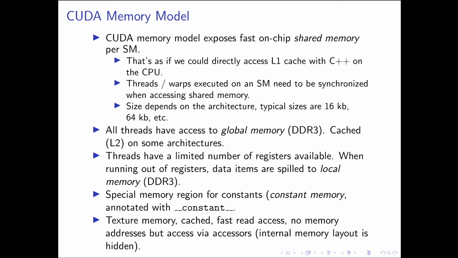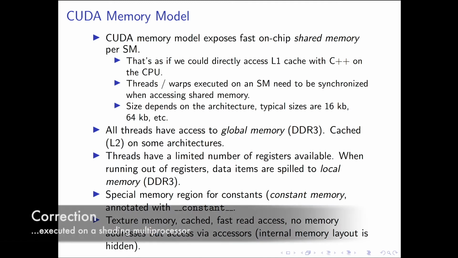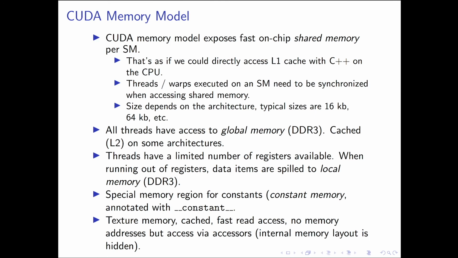The first and probably also the most notable type of memory is the so-called shared memory. Shared memory can be thought of as a small L1 cache that can be addressed directly from within the device code. Threads and warps that are executed on a shader core can access shared memory, and synchronization is required whenever multiple threads access shared memory from within the compute kernel.